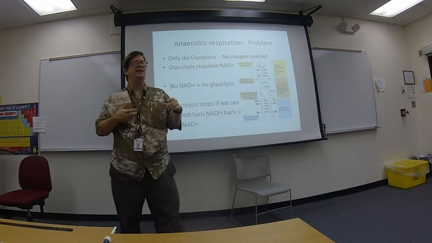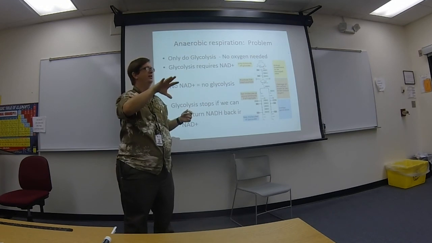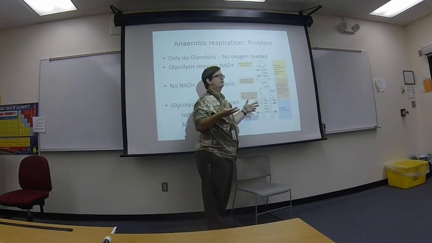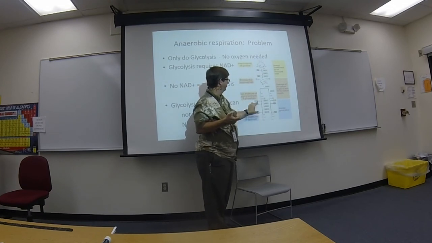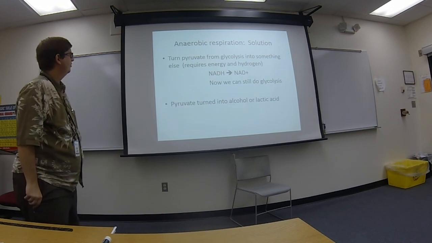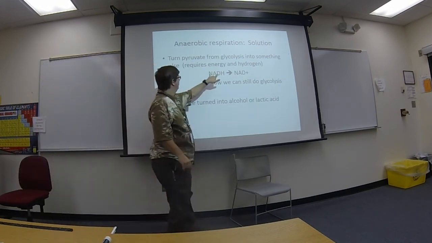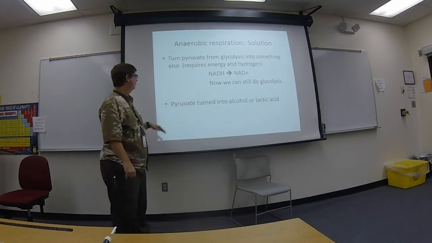Sorry, that is an exaggeration. Like I said, you can break down fats, you can break down proteins, but in terms of breaking down sugars, if you have no oxygen, all you've got is glycolysis, so you want to make this happen. We're going to turn the pyruvate into something else, and the reason we're going to do it is we want to turn this NADH back into NAD+, so we can keep doing glycolysis.